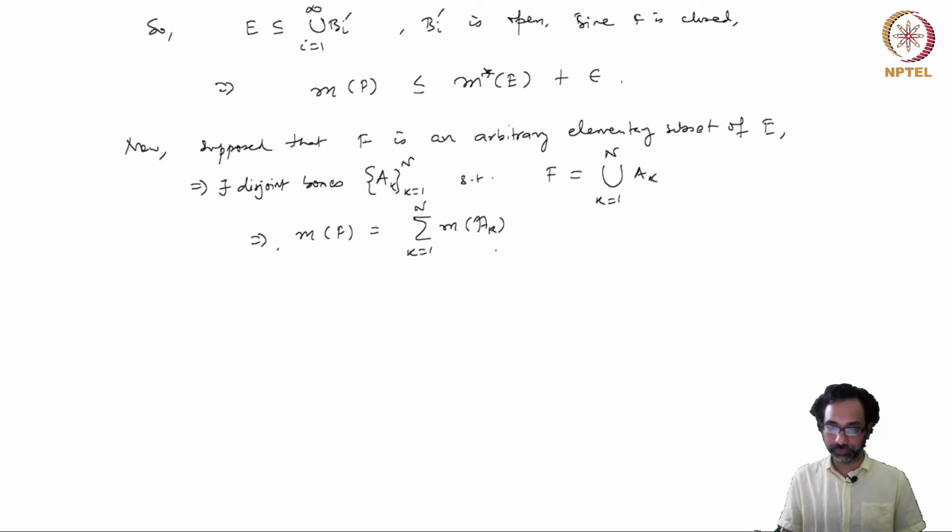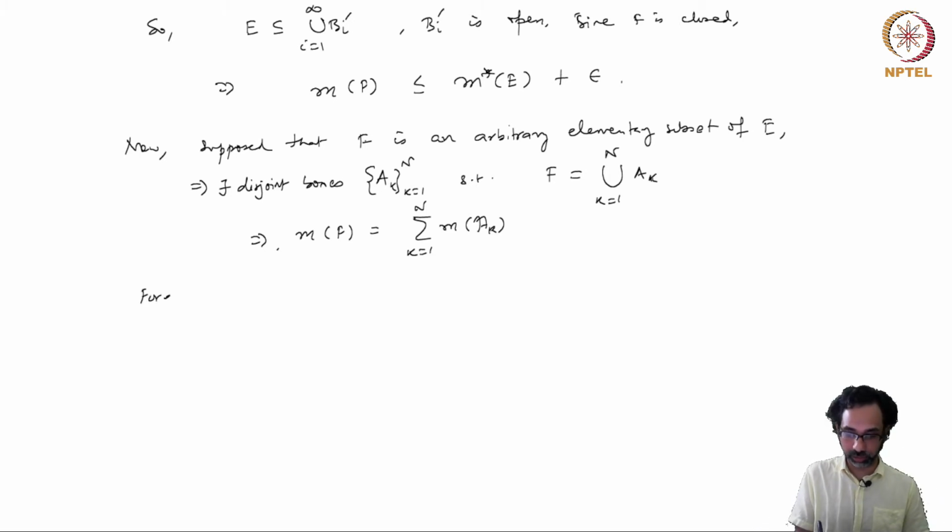So we have an arbitrary elementary set F, which is then expressed as a finite union of disjoint boxes Ak. Now we are going to replace these Ak by closed boxes such that the measures don't change too much.